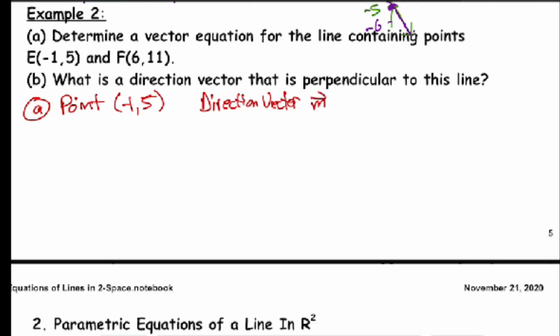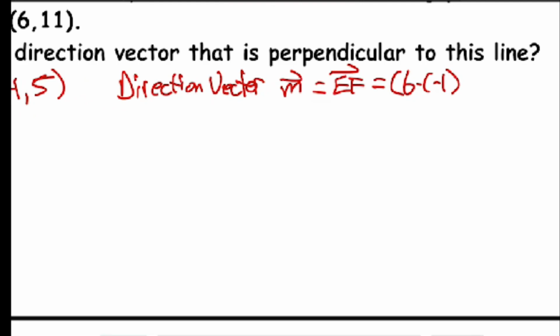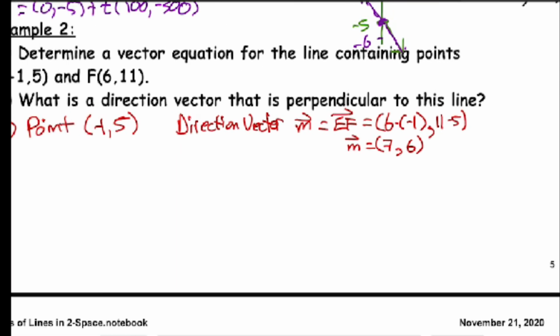So m is equal to the vector running from point E to point F. To find that, I'm just going to subtract the x coordinate, so x of F minus x of E, 6 minus -1, and my y coordinate is going to be 11 minus 5. 6 minus -1 is 6 plus 1, which is 7, and 11 minus 5 is 6. So this is a direction vector that we can use for our vector equation here.